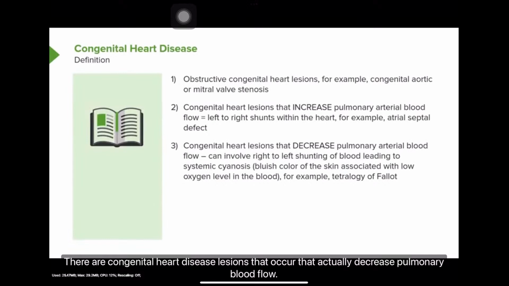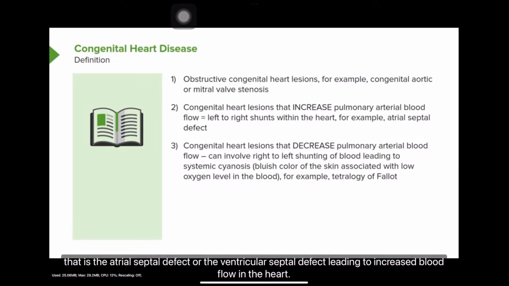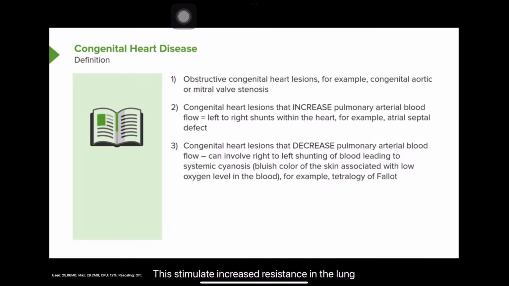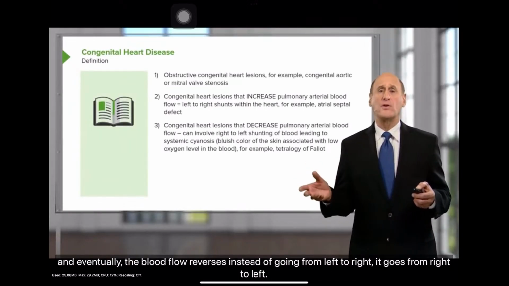There are congenital heart disease lesions that actually decrease pulmonary blood flow. Often these are a complication of one of the lesions with a hole in the heart, that is the atrial septal defect or the ventricular septal defect, leading to increased blood flow in the heart. This stimulates increased resistance in the lung, and eventually the blood flow reverses.